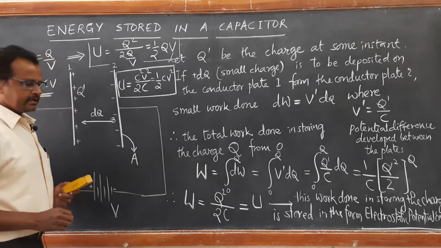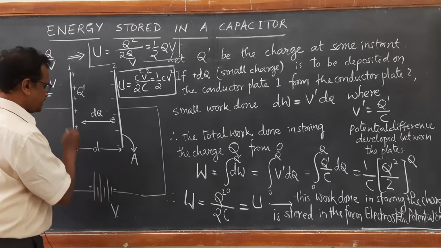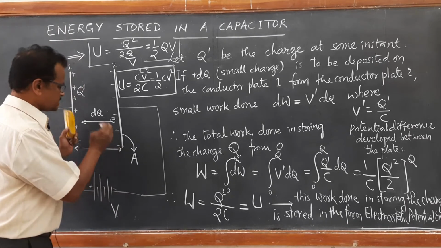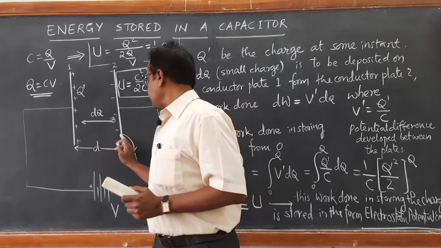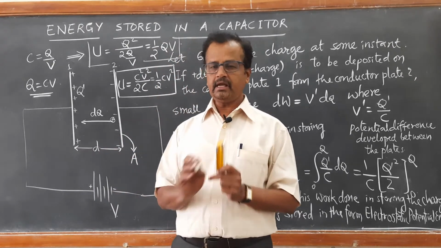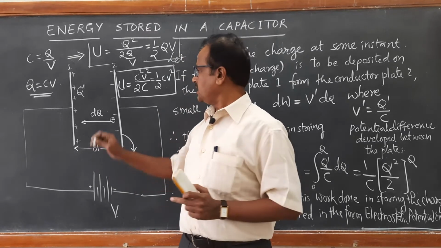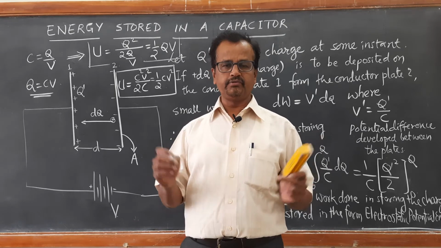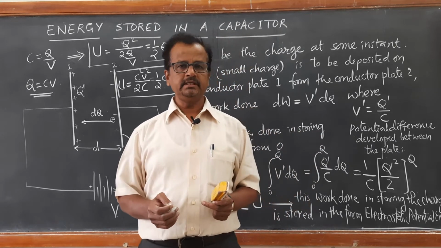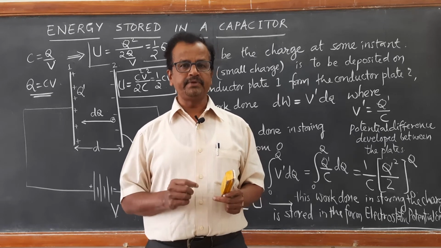Let us consider a parallel plate capacitor of surface area of the plates A with D as the distance of separation, and the space between the two plates is vacuum. So that we can consider epsilon naught as the permittivity of free space.